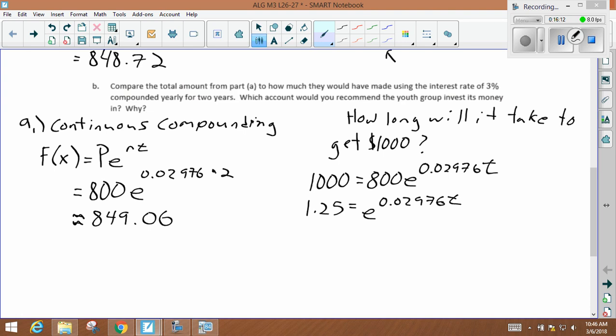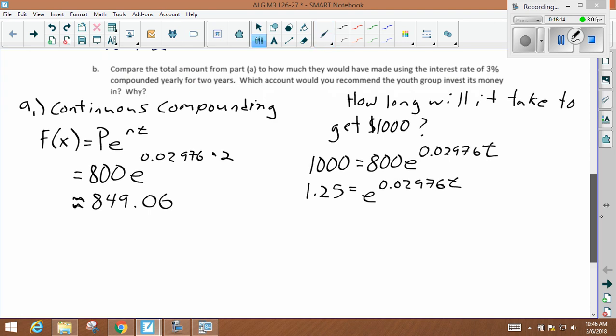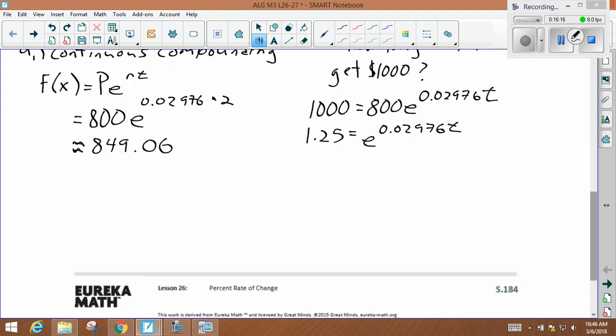So I'm going to go ahead and take natural log of both sides because, right? Natural log is log base e.